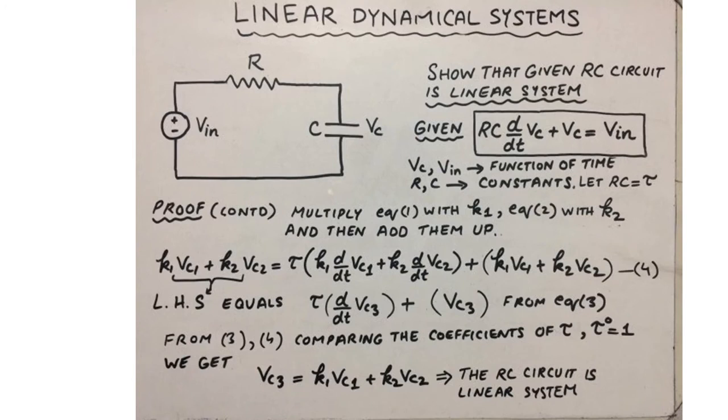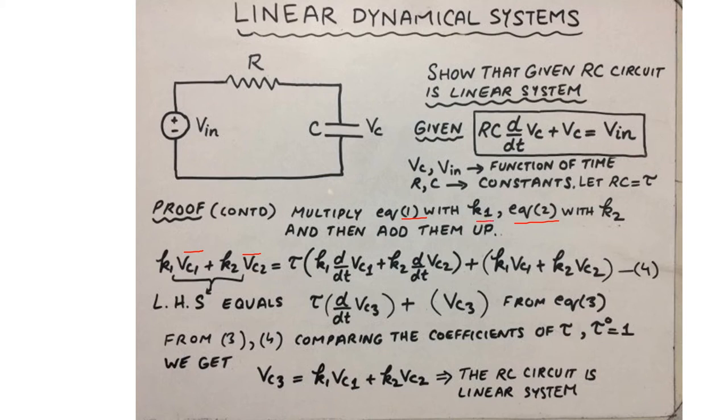Now, in order to see that Vin3 does satisfy the property that we have just described, that is, VC3 should be written as the weighted sum of the outputs VC1 and VC2, what we can do is make use of equation 1 and equation 2, which contain the expressions of the first two inputs Vin1, Vin2, and the corresponding outputs VC1 and VC2.